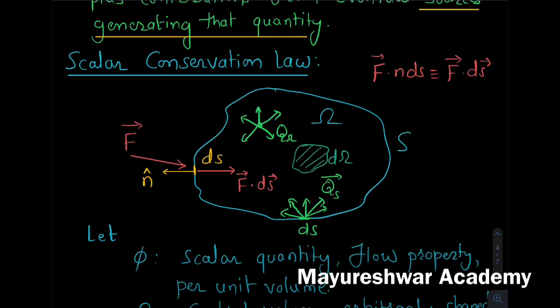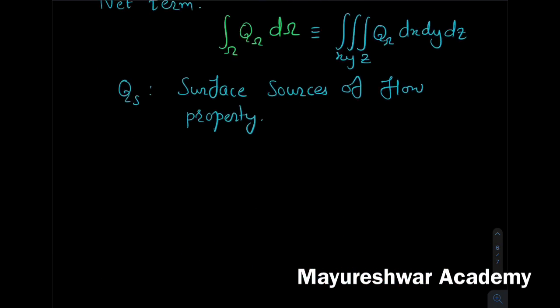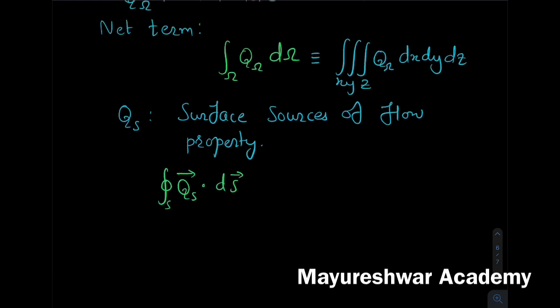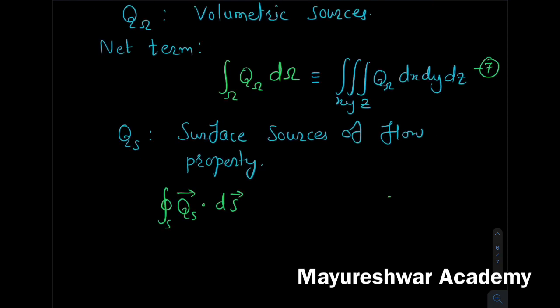So naturally it has to be vectorial, it will have some direction along with it. So this part can be rewritten as the closed surface integral of qs bar dot ds bar. So let us call the earlier term the 7th term and this the 8th term.